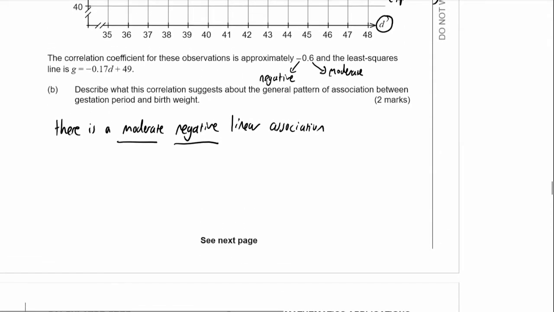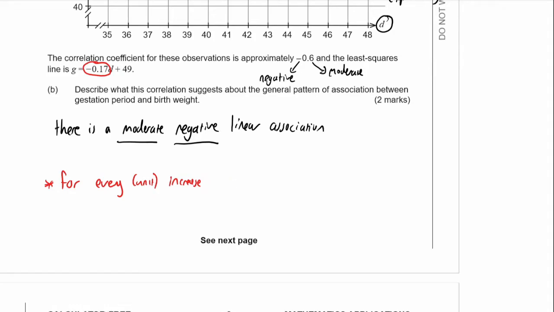There's a few things we can talk about here. So we could interpret the gradient. This isn't part of the question, just so you know. I'm just going to practice some stuff. So if we wanted to interpret the gradient, the standard response is: for every unit, whatever the units are, increase. Oh no, it's always an increase, sorry.